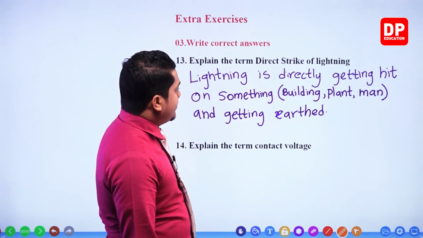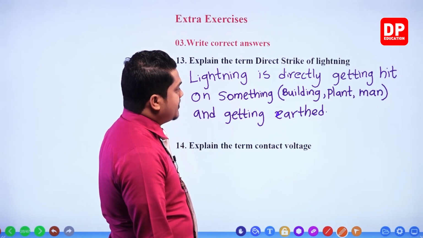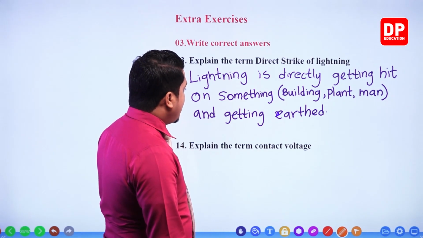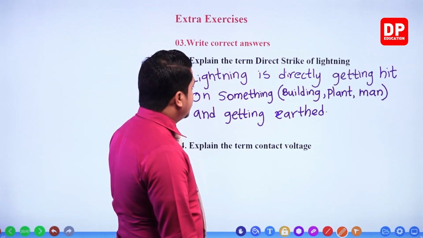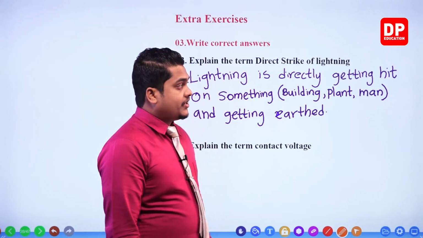So lightning is directly getting hit on something. Something means building, plant or man, and getting earthed. This is the explanation for the direct strike then, my dear children, right?